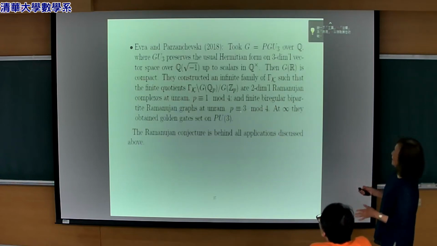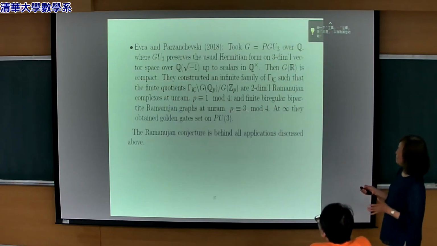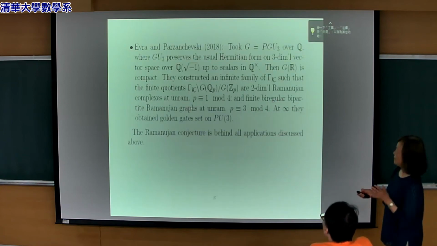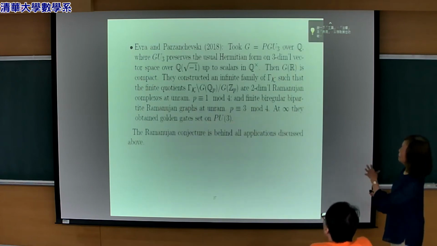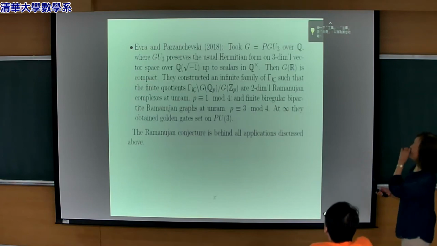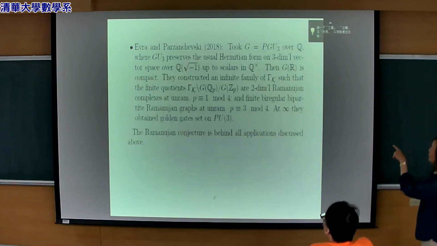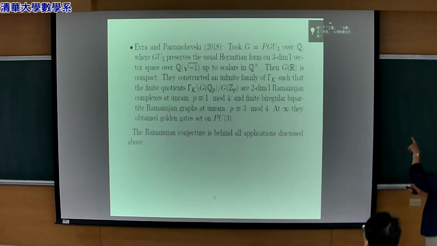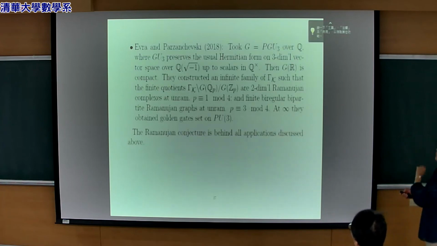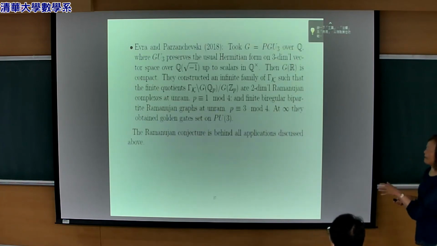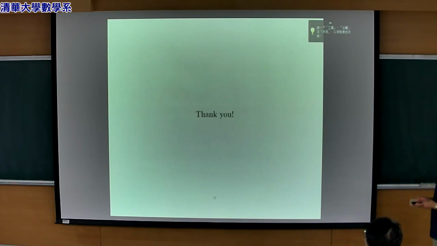On the other hand, for unramified primes p going to 3 mod 4, you get a finite biregular bipartite Ramanujan graph. And at infinity, you get a golden gate set. So this is the extension from PU2 to PGU3 over Q. So I stop here. Thank you very much.